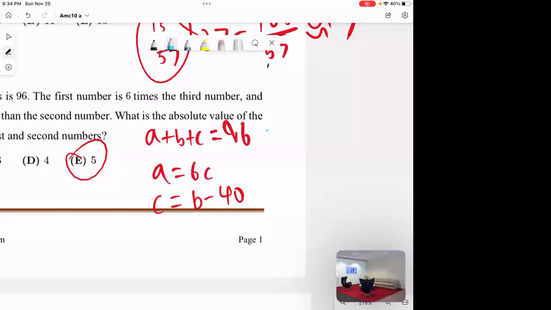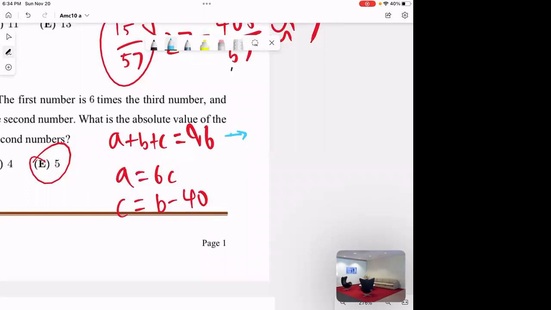We can put everything in terms of B because A can be expressed in terms of C and C can be expressed in terms of B. So we have plus B plus C, which is B minus 40.